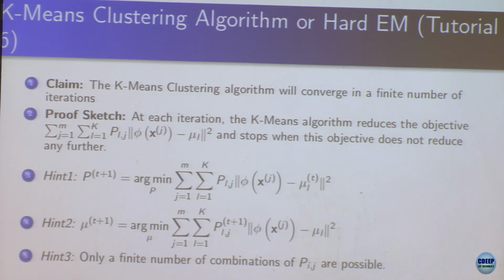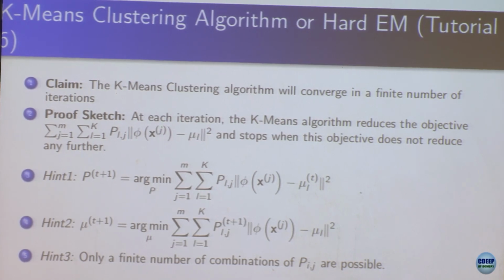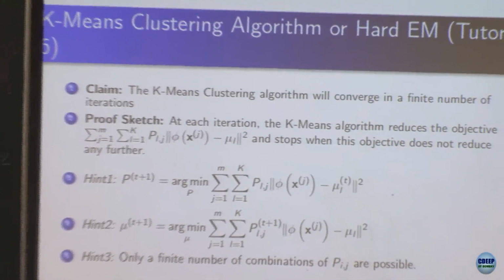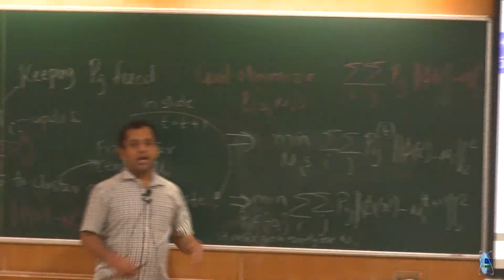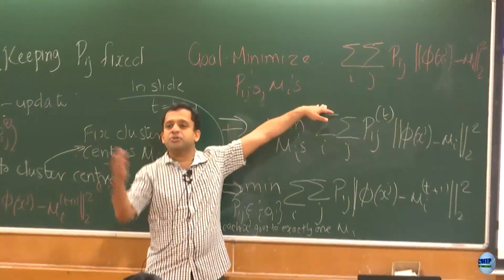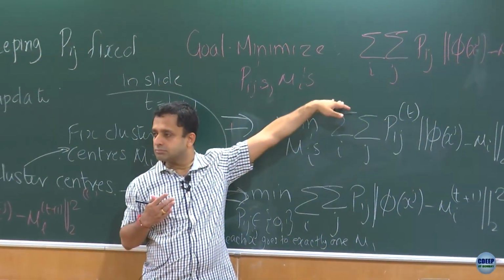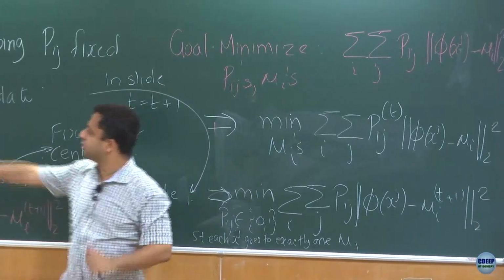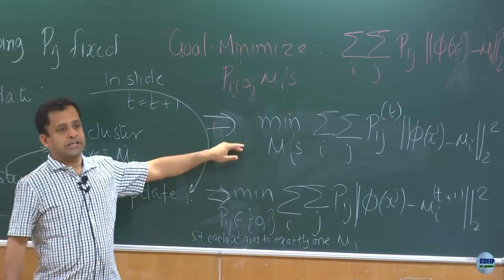We want to minimize this objective and we split it into two parts, where in each part we fix one component, one parameter. Now when I minimize in step A or step B, is this overall objective reducing? Let us say this is exactly the solution A, right?